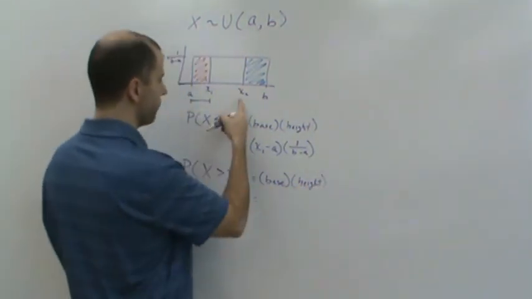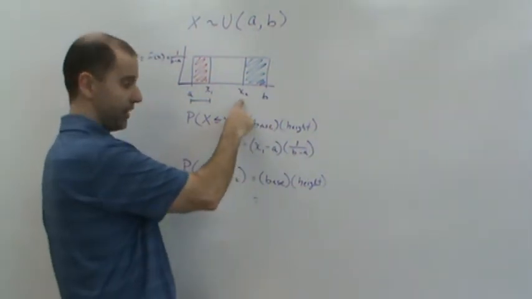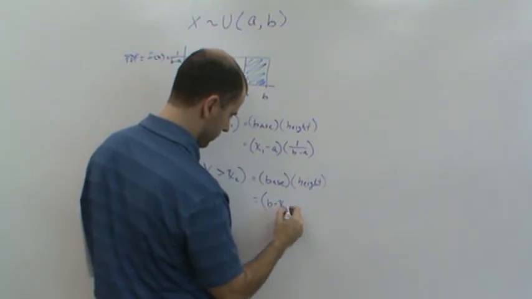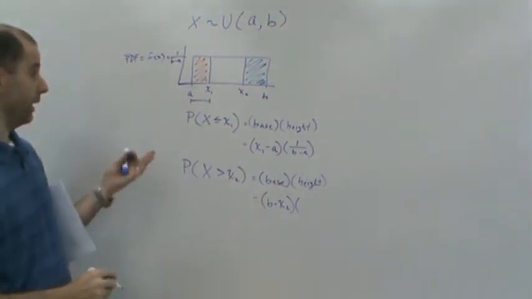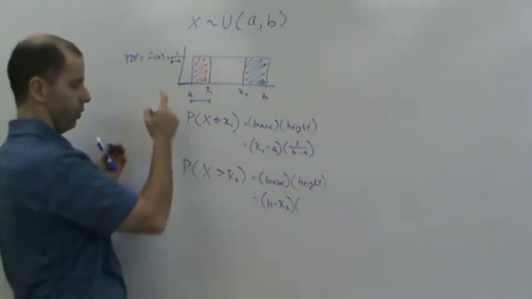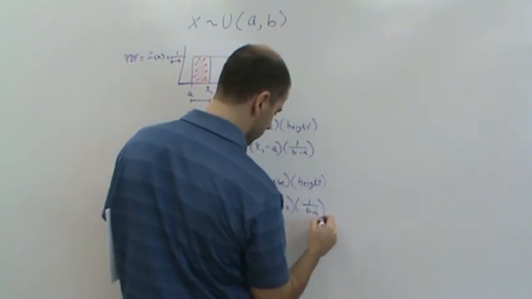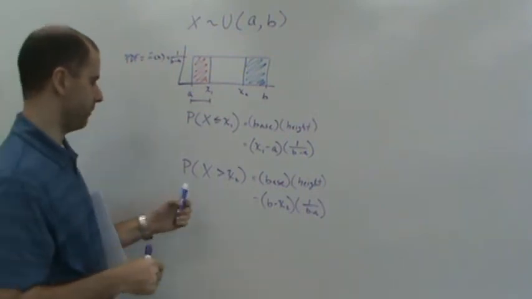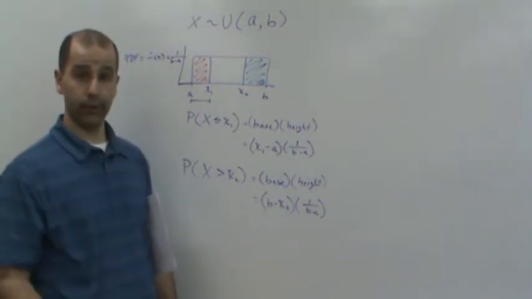What's the base of this rectangle? It's B minus x2. And what's the height? Still the same, 1 over B minus A. And that's the formula for finding the probability of greater than or equal to.